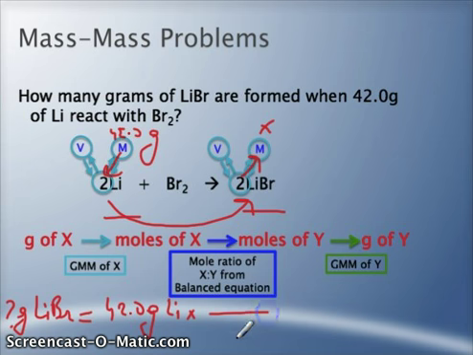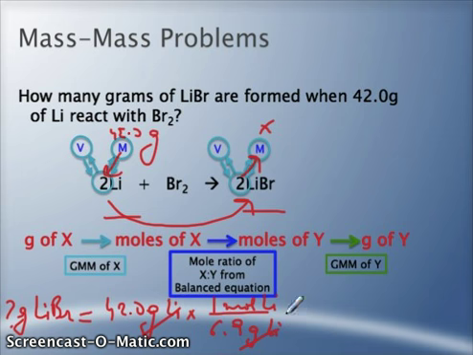Now you are going to look up the GMM, because this right here is a GMM, that's your connection. So if you look it up, 6.9 grams of lithium are in 1 mole of lithium. This is the dividing by the GMM to get to moles.